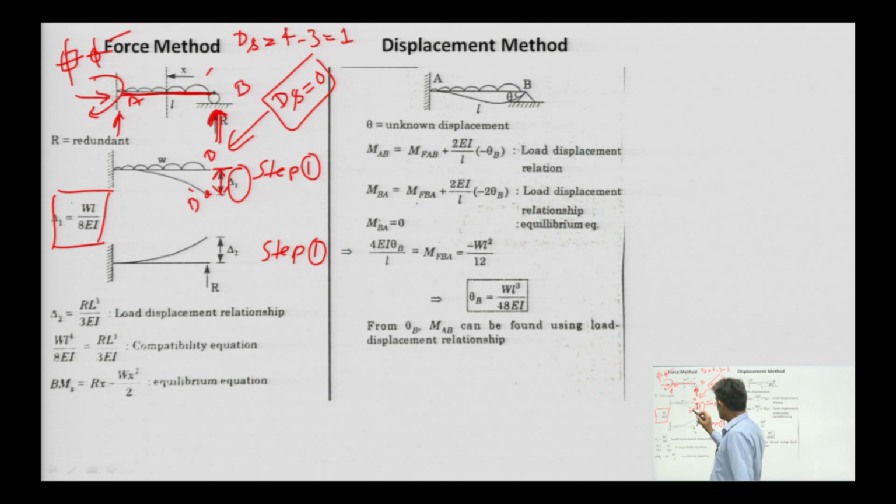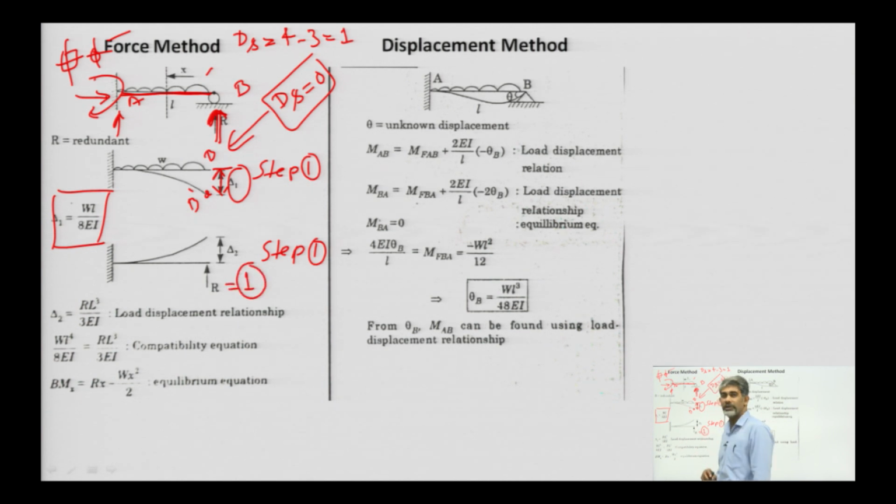After doing step number 1, what is step number 2? Step number 2 is to remove the load in the given beam, the load from step 1, and apply a unit force.